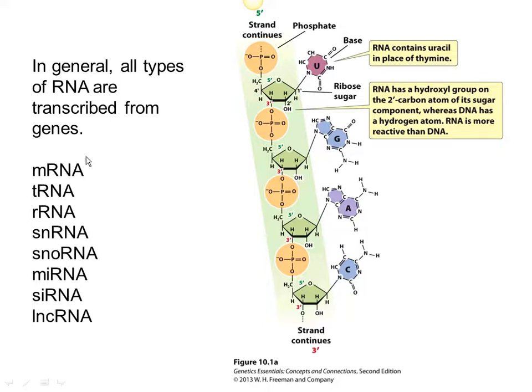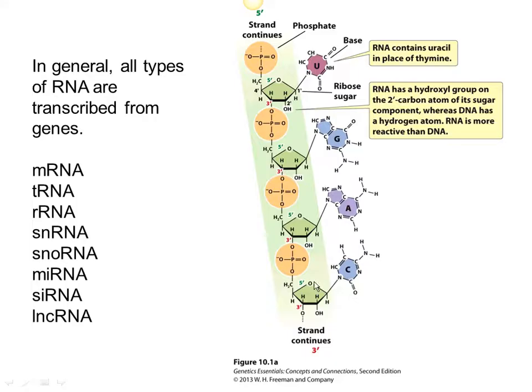Only one type of RNA that we know of has codons, which are the instructions for making proteins. So the rest of these types of RNAs are made in the cell, and they have their own jobs in the cell. This is the structure of RNA. It's a single-stranded polynucleotide chain made of ribonucleotides.